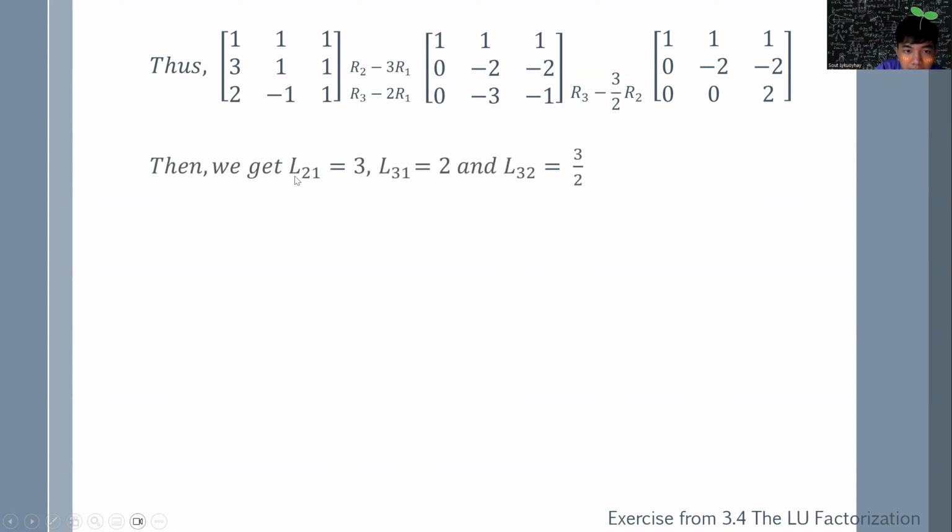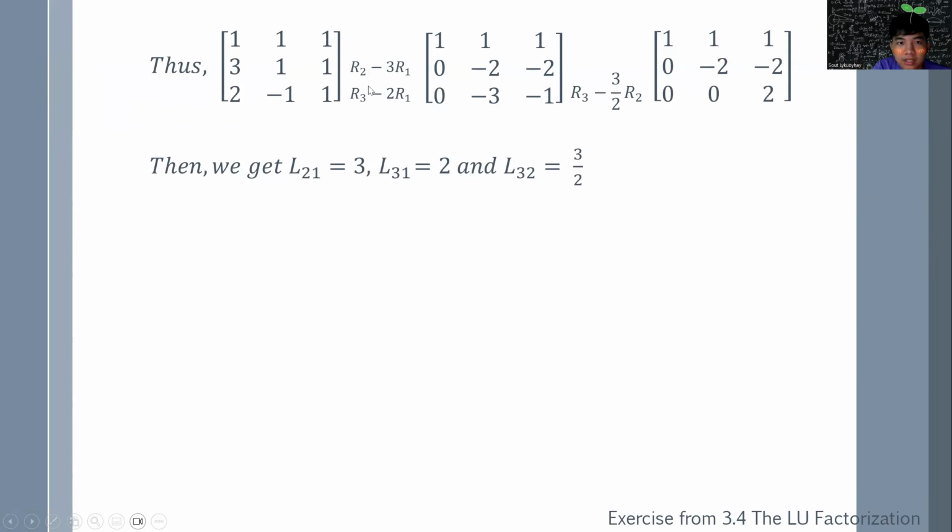So here's L21, we do with AR2 and AR1. L31, we do it with AR3 and AR1. L32, we do it with AR3 and AR2. If you do it with AR3 and AR1, it must be wrong, so remember that.